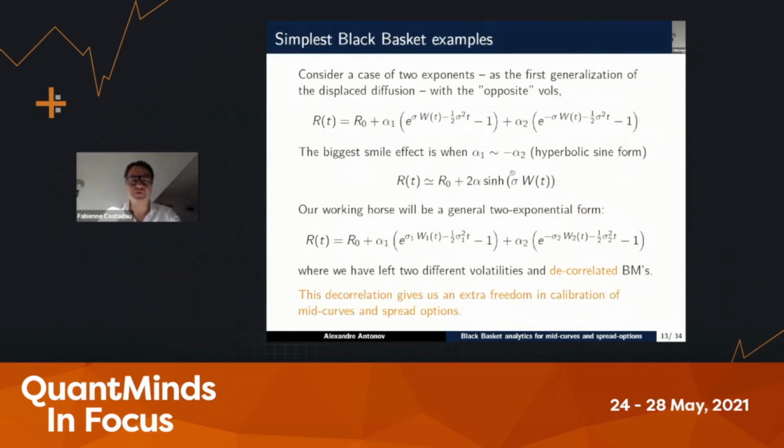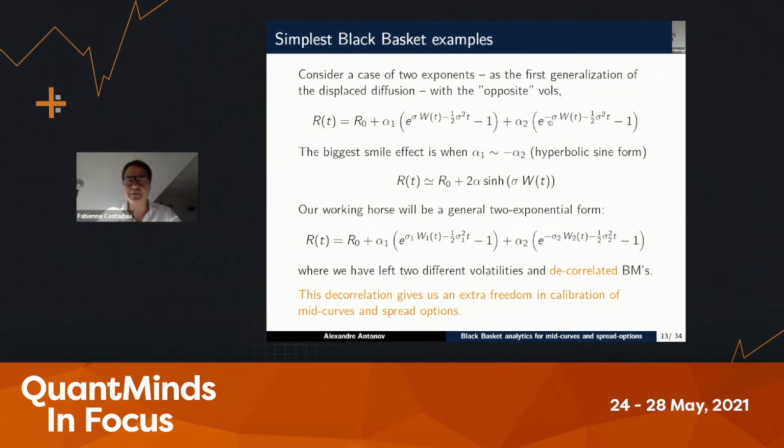Actually, the case of two exponents will be our main working horse, but of course we can do a structure with more flexibility. So anyway, consider a case of two exponents. The very first generalization of the displaced diffusion with the opposite vol. So the volatilities will be here sigma, and here minus sigma.